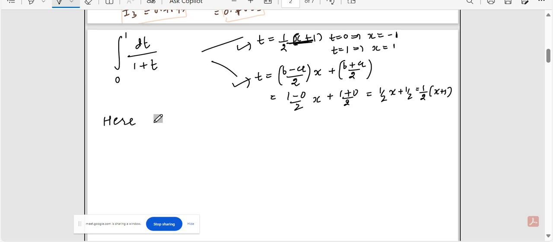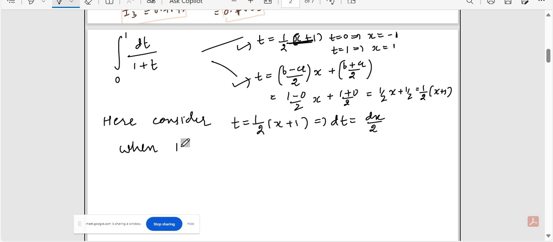Consider t is equal to 1 by 2 x plus 1. That implies dt is equal to dx by 2. When t is equal to 0, x is equal to -1, and when t is equal to 1, x is equal to 1.